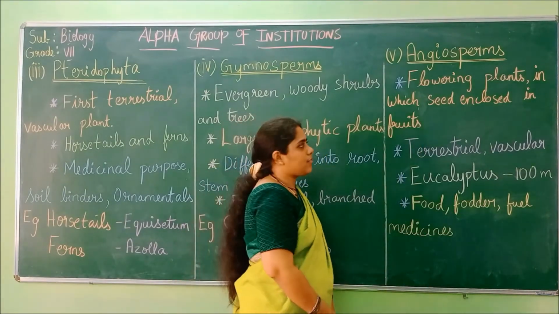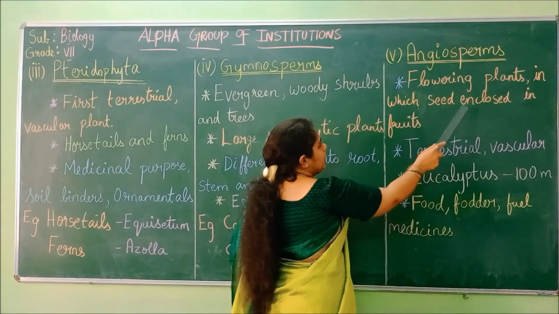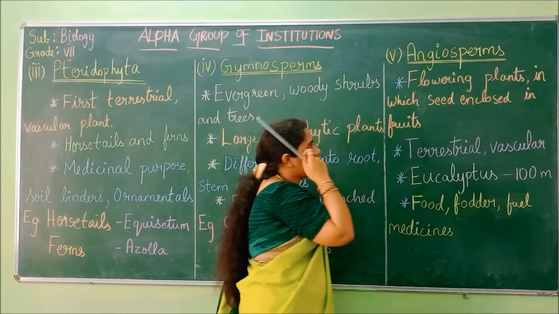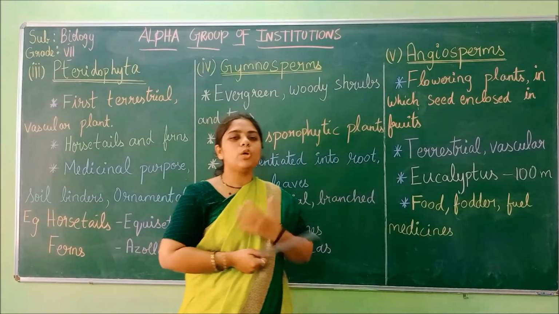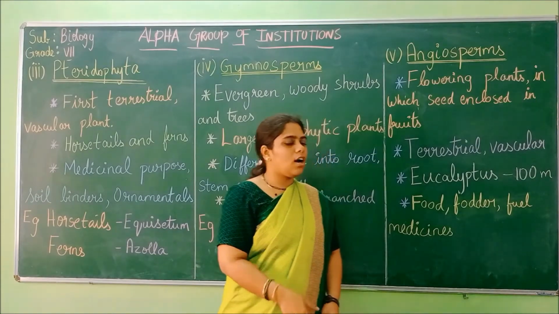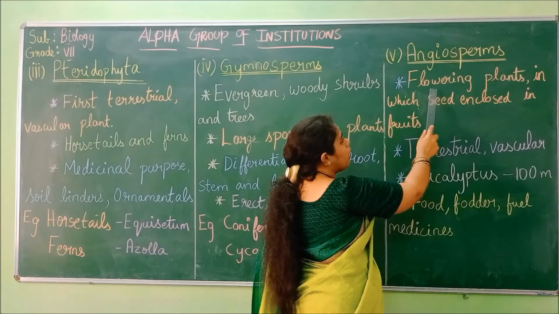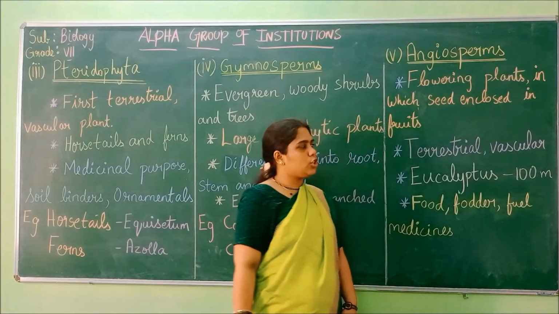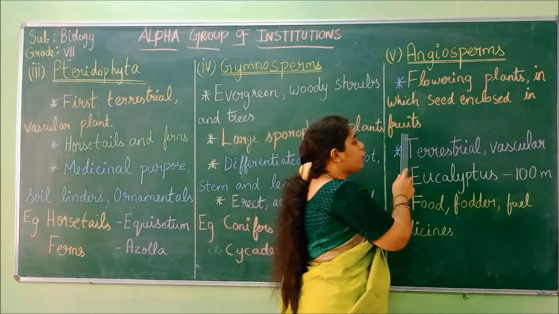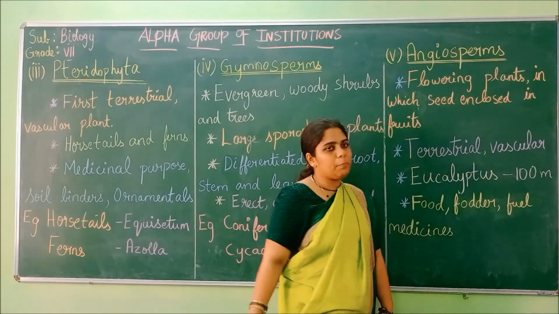So we'll see the characteristics now. Flowering plants in which the seed is enclosed. I already told you, flowering plants. Those plants which have flowers are called angiosperms. So flowering plants are angiosperms, in that fruits will be present, and inside the fruit the seeds will be present.